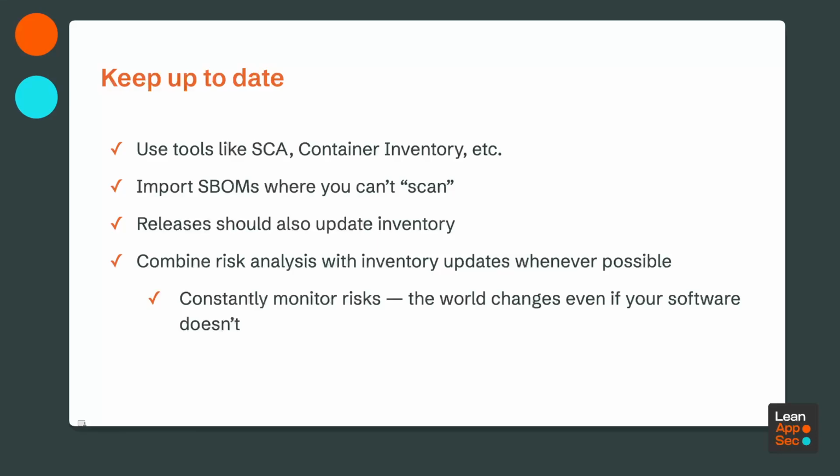And again, this is something that good SCA tools and good CNAPP tools, good inventory tools already do, but it's not always automatic. Sometimes you have to explicitly say, hey, this particular time and place that I scanned, that's a thing I want to monitor. So make sure you understand how your tool handles this problem, because it's not always automatic and it's not always in the way that you expect it.